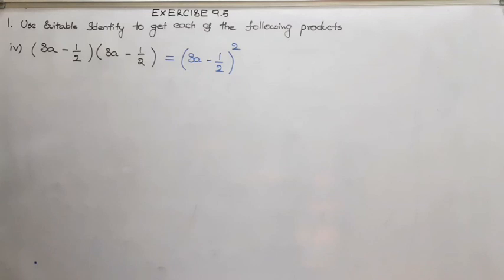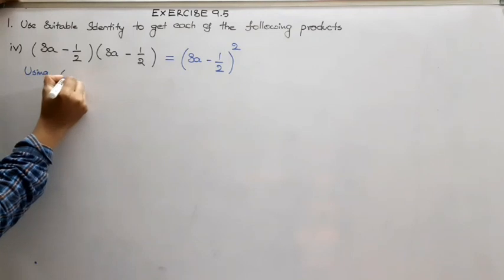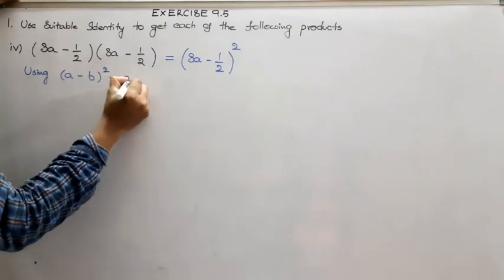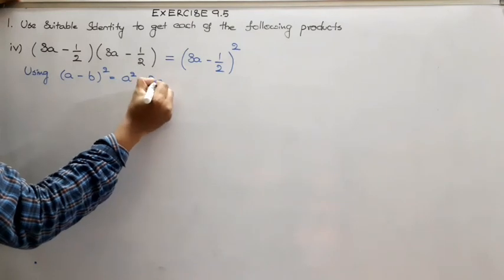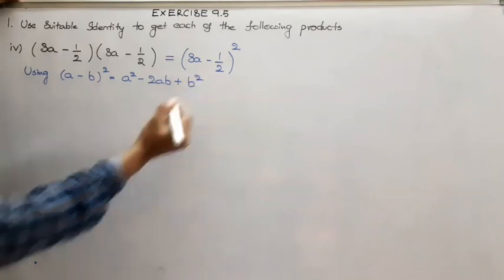Now, usually there comes a small confusion with the identity (a minus b) whole square, children. So please look at the board carefully. Using (a minus b) whole square is equal to a square minus 2ab plus b square.